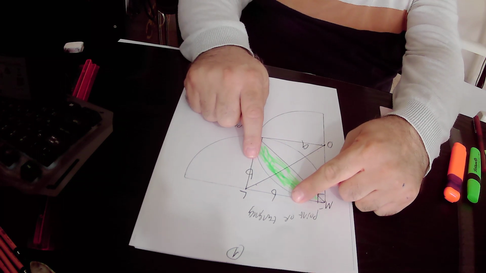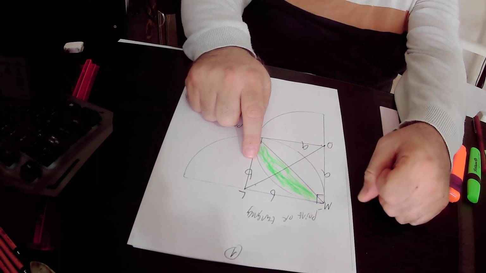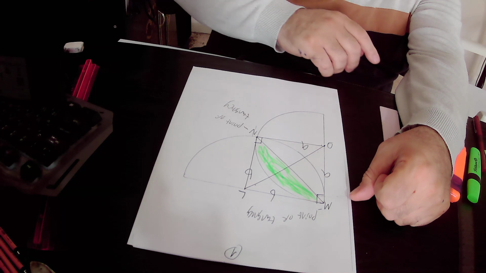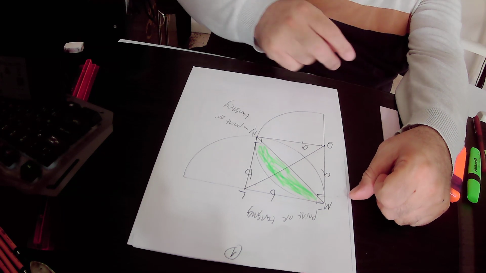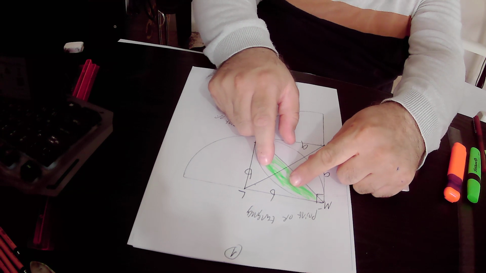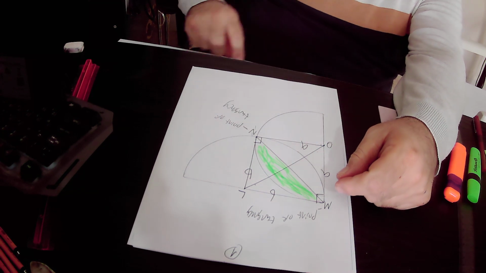Those two sides are both equal to B, therefore they are equal to each other. And finally, LO is the common side that belongs to both triangles. So this side is equal to itself. So those two triangles are congruent according to the side rule.